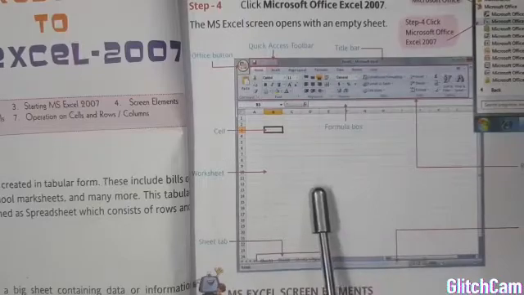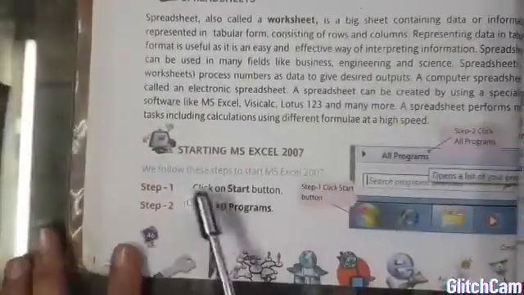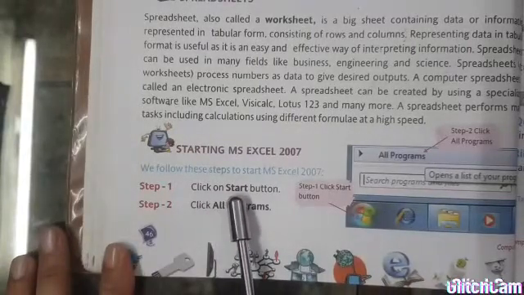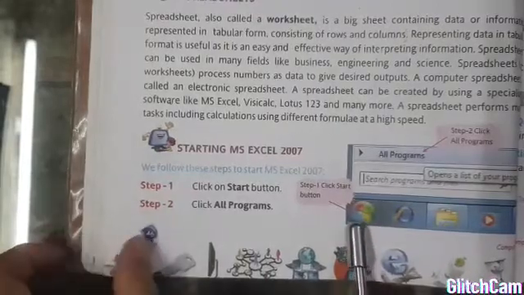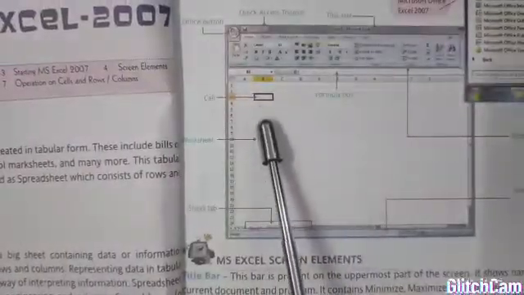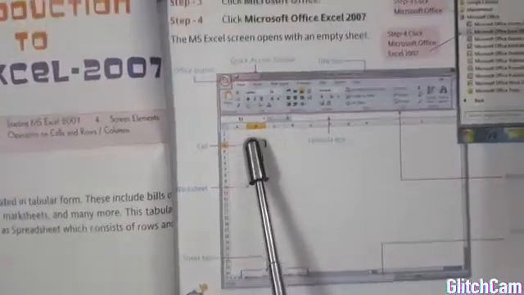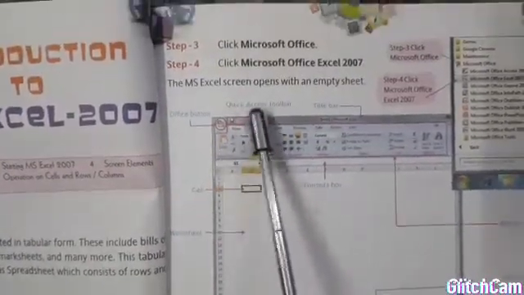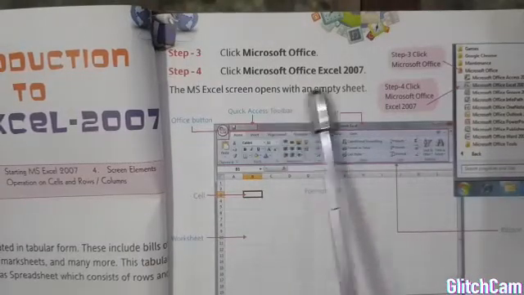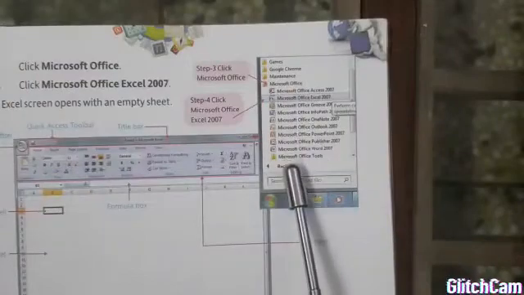So how to open this? For this it is given here. Starting MS Excel. How to do it? You have to click on the start button and then click on all programs, in the same way as you did in MS Word also, and then click Microsoft Office, and then in Microsoft Office you can see so many options.